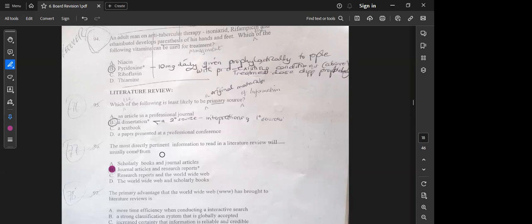If that's the case, all these look more like secondary sources. An article in a professional journal, dissertation, a textbook, presented at a professional conference. If we were to go by that definition, I think textbooks. Tertiary I saw as like encyclopedias, dictionaries.